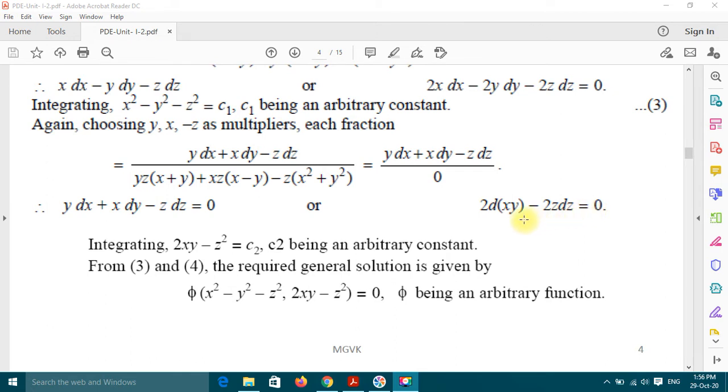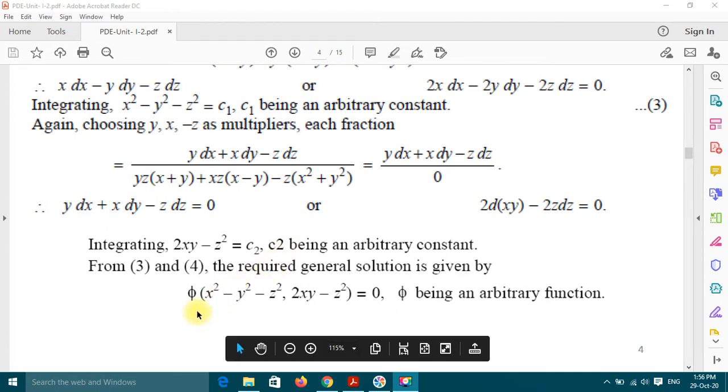So if we integrate it, then we get 2xy minus z square is equal to c2, where c2 is an arbitrary constant, so here 2 is in suffix. Now the general solution of the given differential equation is phi of u, v is equal to 0. Your u is x square minus y square minus z square is equal to c1, and v is 2xy minus z square is equal to c2. So phi of u, v, phi of (x square minus y square minus z square, comma 2xy minus z square) is equal to 0, where phi is an arbitrary function.